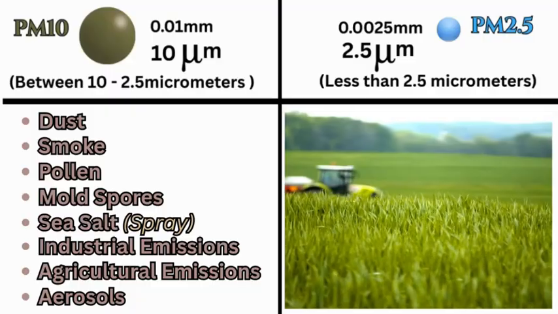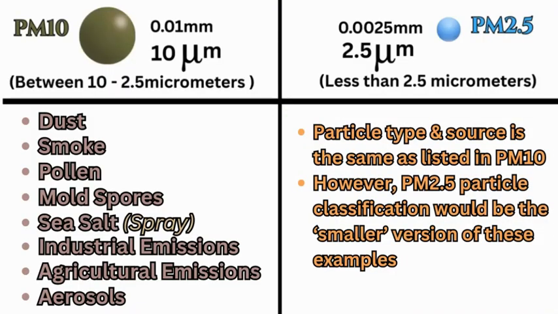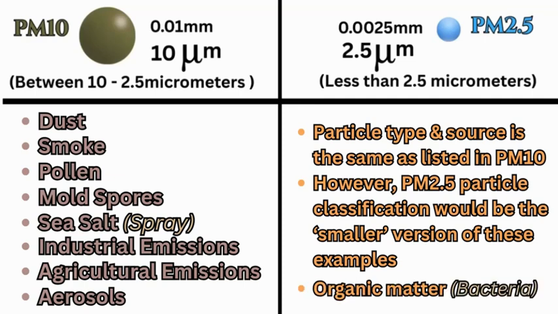Whereas the PM2.5 particles are primarily the same type of particle, like dust, smoke, pollen, mold spores, sea salt. However, these are the smaller size version, the minute particles of these sources and types of particulate matter, and also organic matter. Bacteria is classified in that 2.5 range.